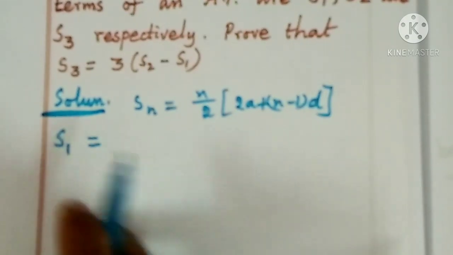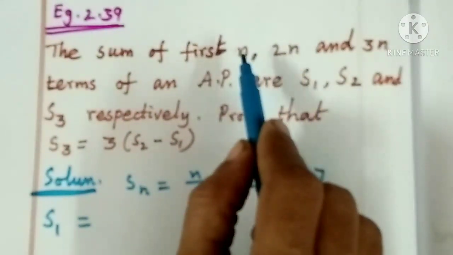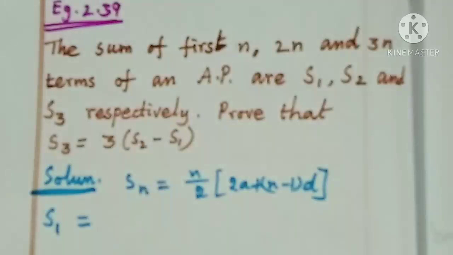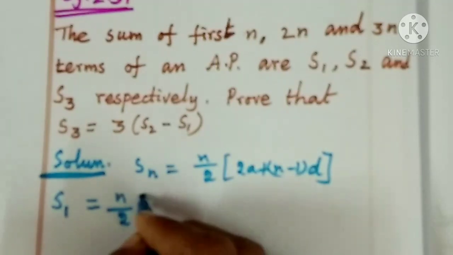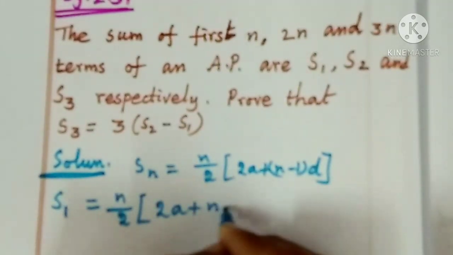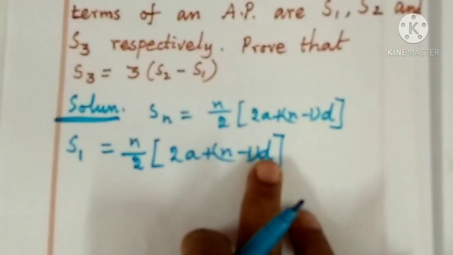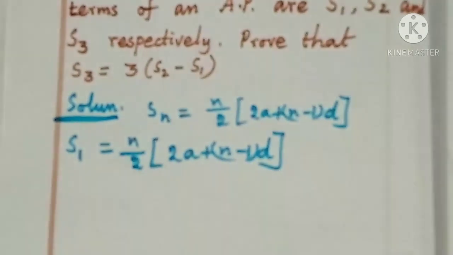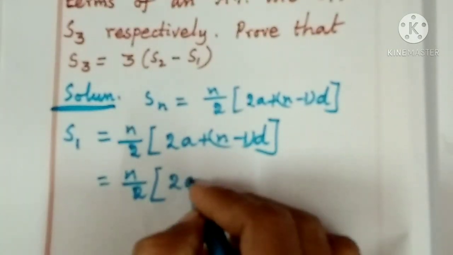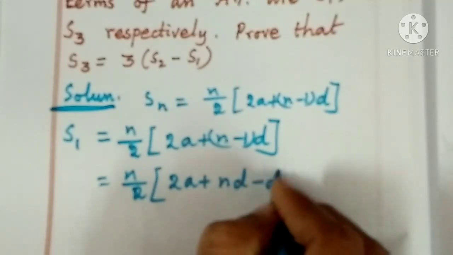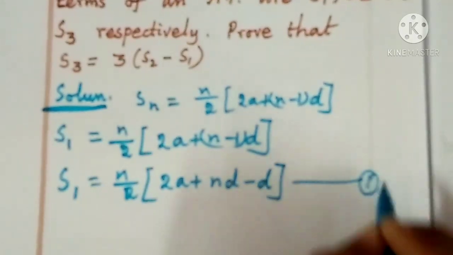Therefore, S1 is equal to, in the question S1 has n terms, so here the number of terms n, n/2 into (2a plus (n minus 1) into d). Now, you have to multiply this d and remove the bracket, which means we get n/2 into (2a plus nd minus d). This one you keep as number 1.